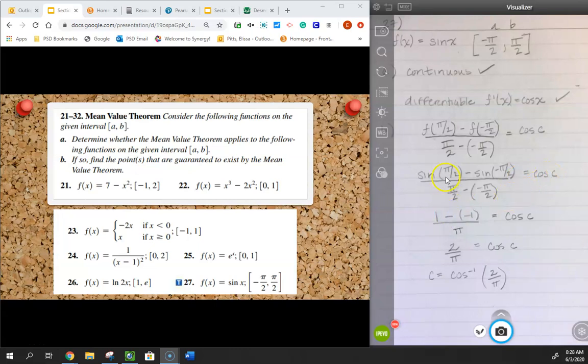Sine of pi over 2 is 1, sine of negative pi over 2 is negative 1, so we get 1 plus 1 is 2 over pi equals cosine of c. And now we have to solve for c. You can type into your calculator the inverse cosine of 2 over pi, but you need to be careful, and I would suggest that you look at this graphically.